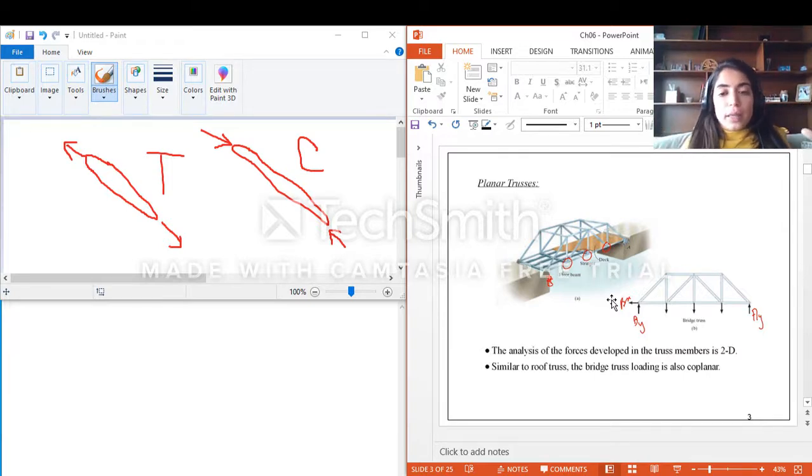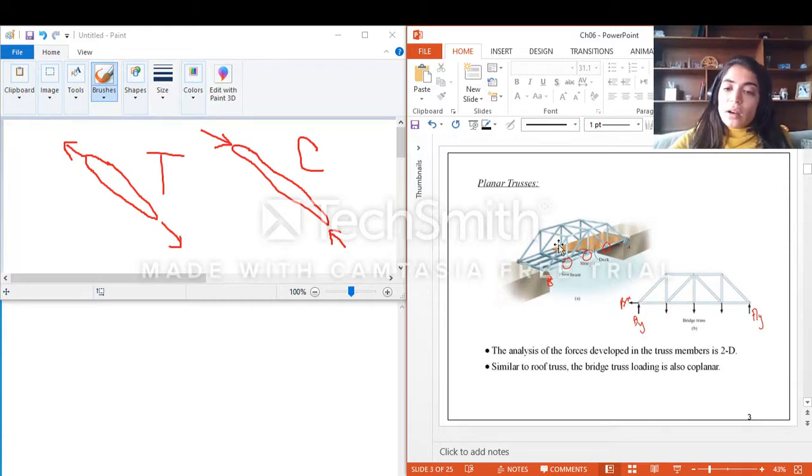And this, guys, will be afforded by some reactions at the truss. So I have some reactions that will prevent this translational motion, and this will of course be provided by some supports.